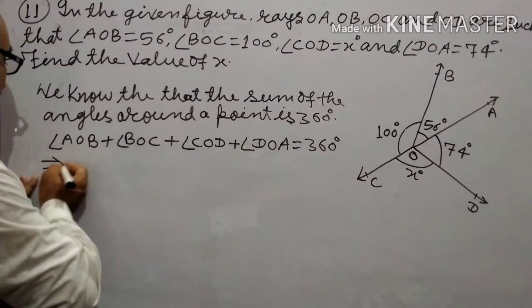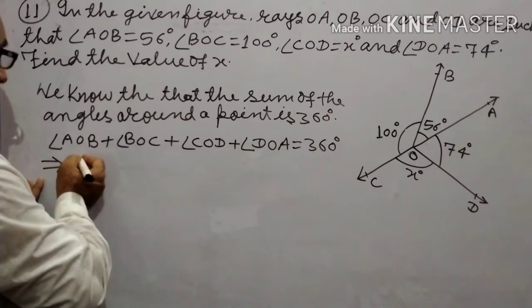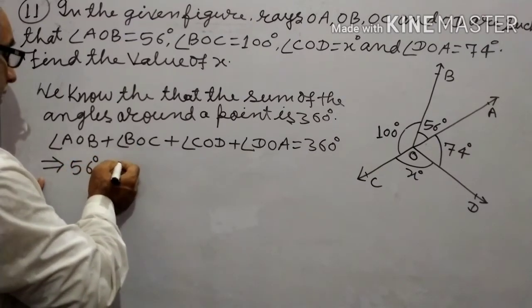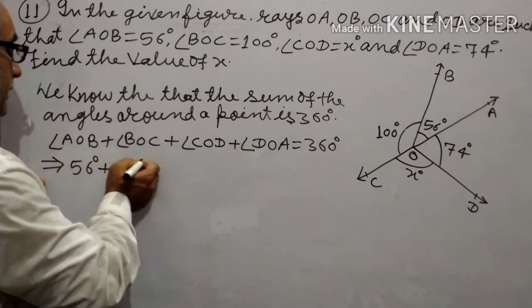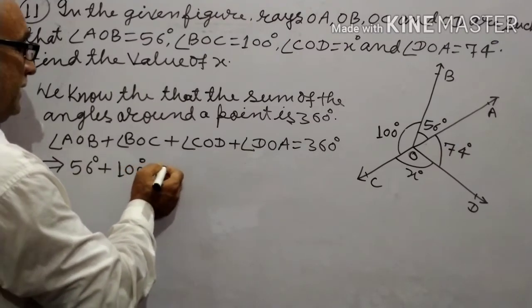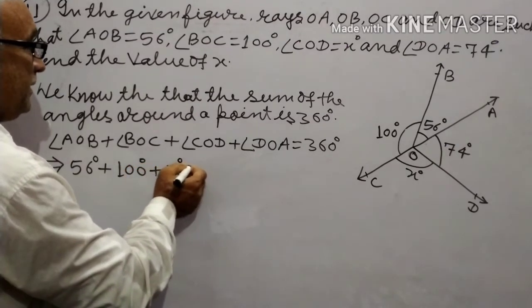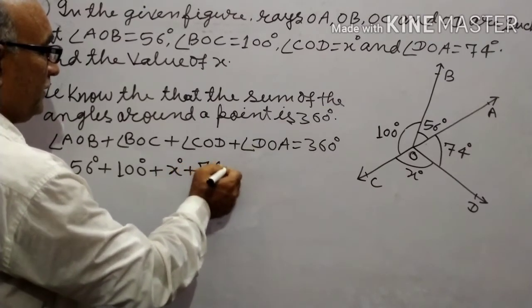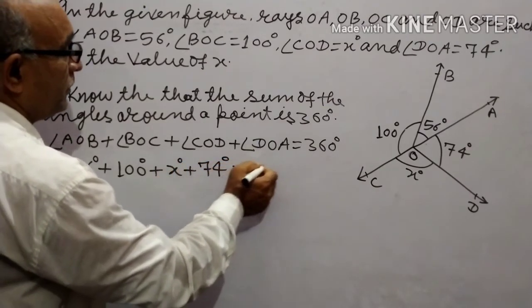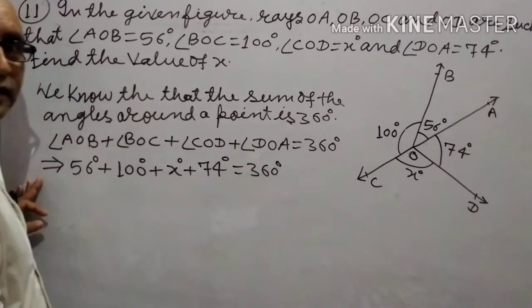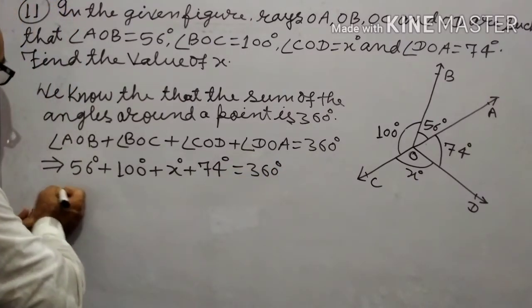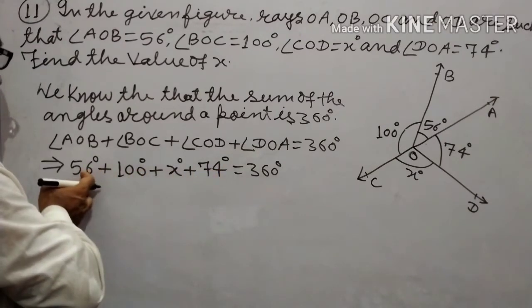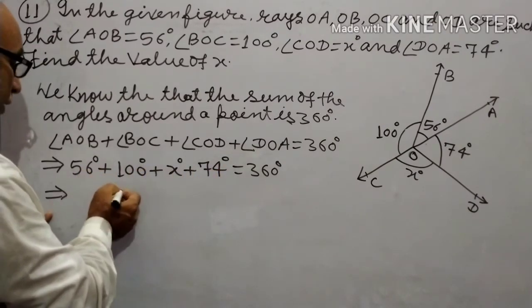That implies angle AOB equal to 56 degree plus angle BOC equal to 100 degree plus angle COD equal to x degree plus angle DOA equal to 74 degree equal to 360 degree. Next step is add: 4 plus 0, 4, plus 6, 4, 10, 0.